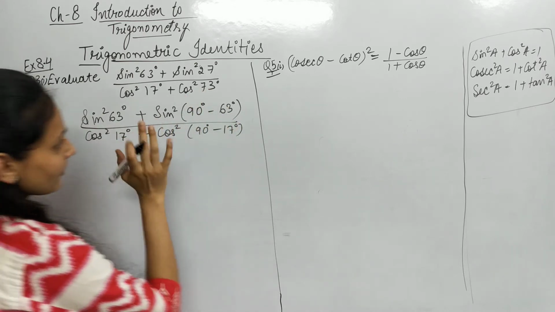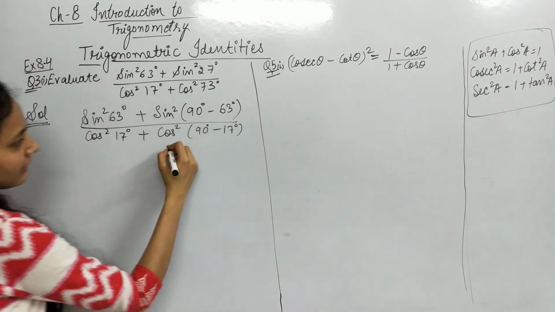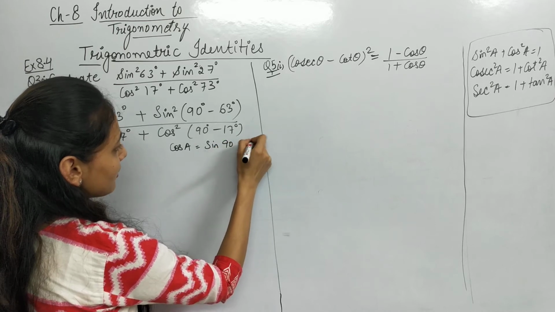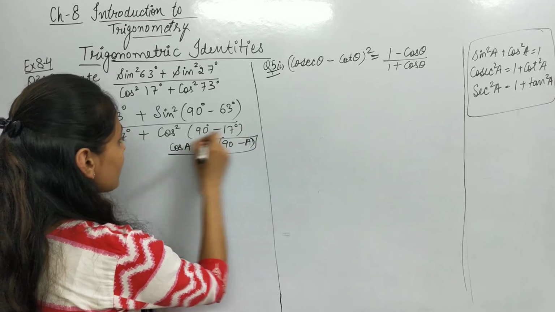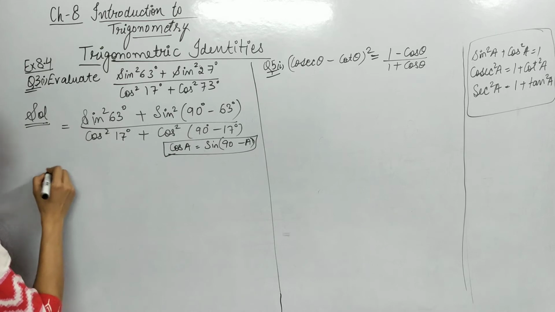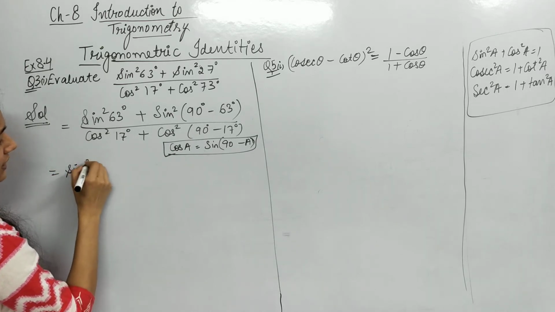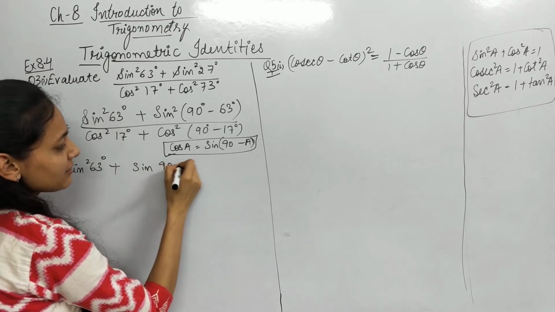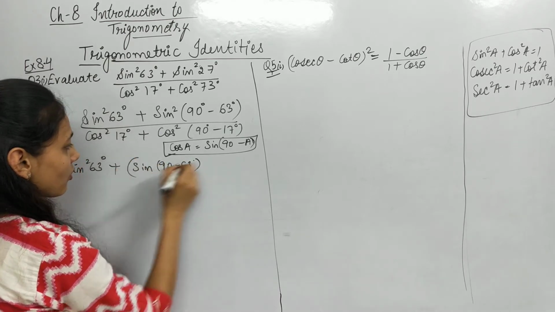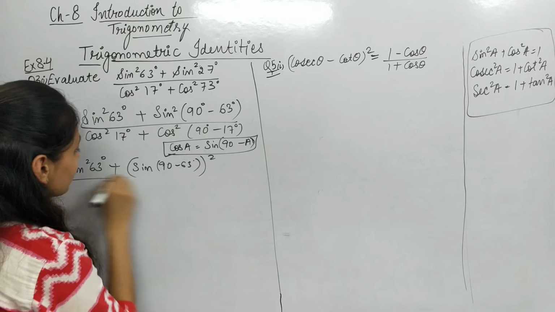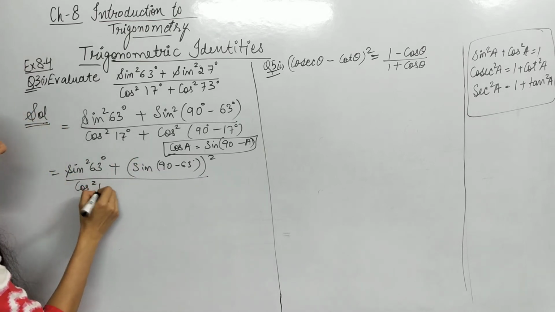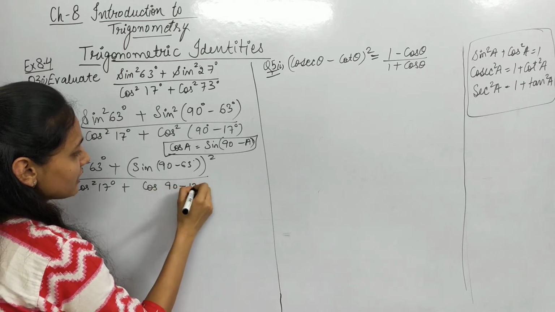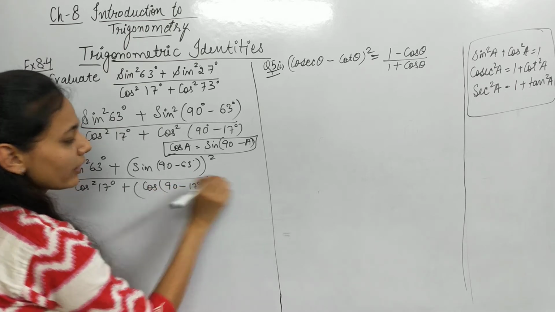So you have learned these formulas, complementary angle, that cos A is equal to sine of 90 minus A. So you can use this here, that is sine square 63 degree plus, what is sine of 90 minus 63 degree, whole square, upon cos square 17 degree plus cos 90 minus 17 degree whole square.